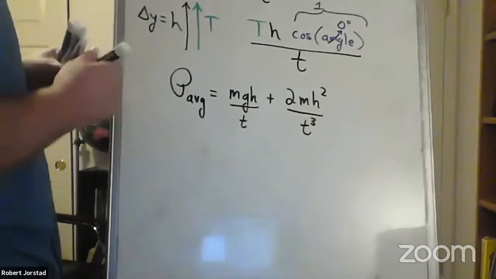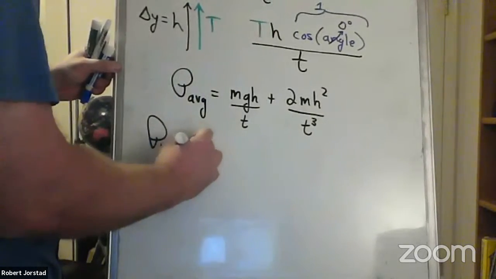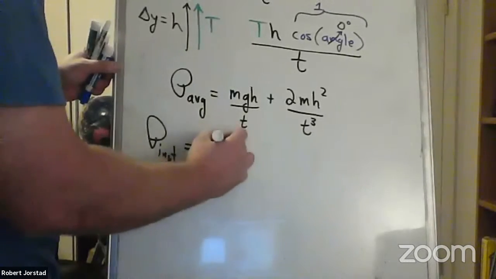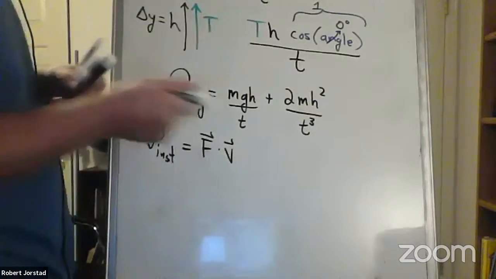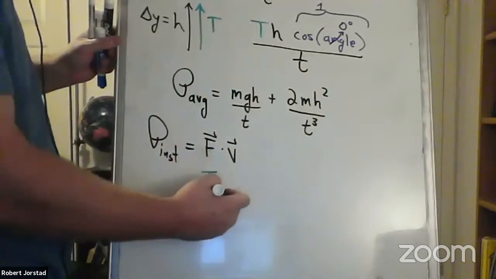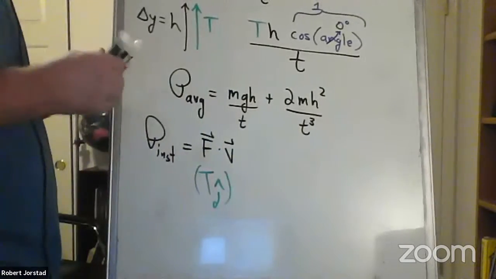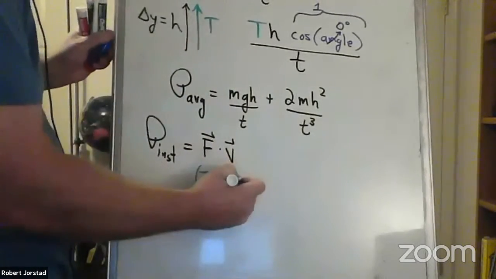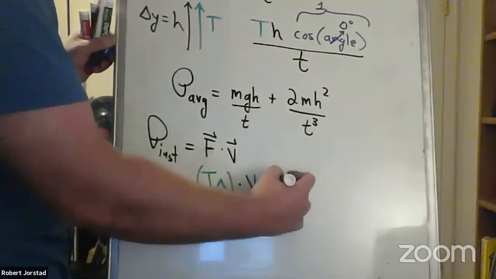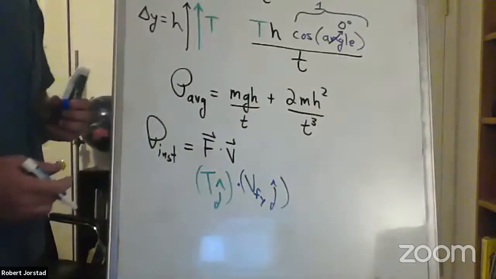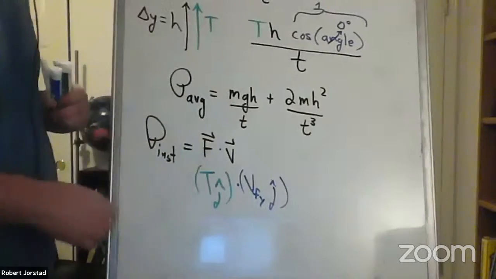So power instantaneous, we could use the equation force dot V. Well, in this case, that's just tension in the J hat dotted with V final Y in the J hat.